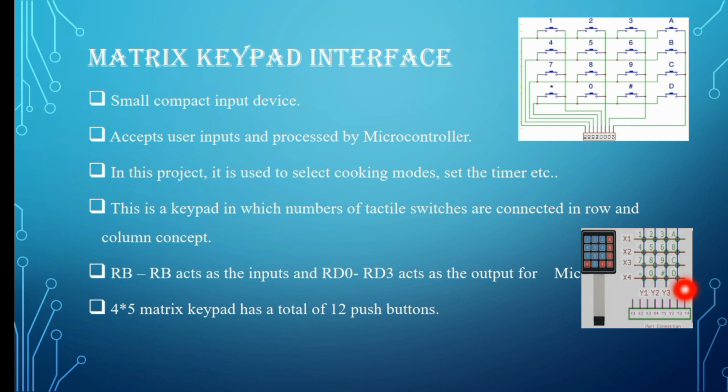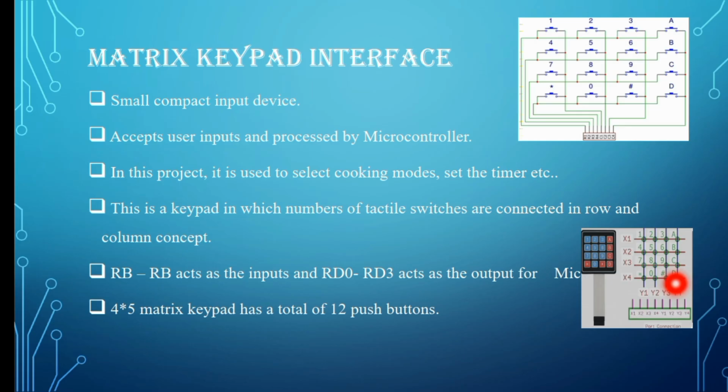The matrix keypad in a microwave refers to the technology used in the microwave's control panel, where, as I said, a grid of buttons is arranged in rows and columns, which allows the user to give inputs by pressing a single button at the intersection of a specific row and column, with the microwave's internal circuitry detecting which button was pressed based on the matrix layout.